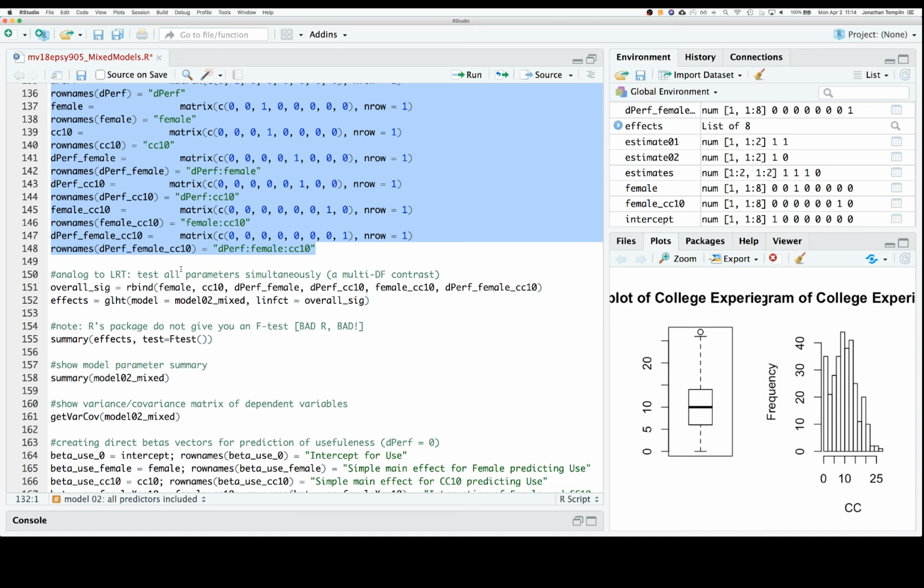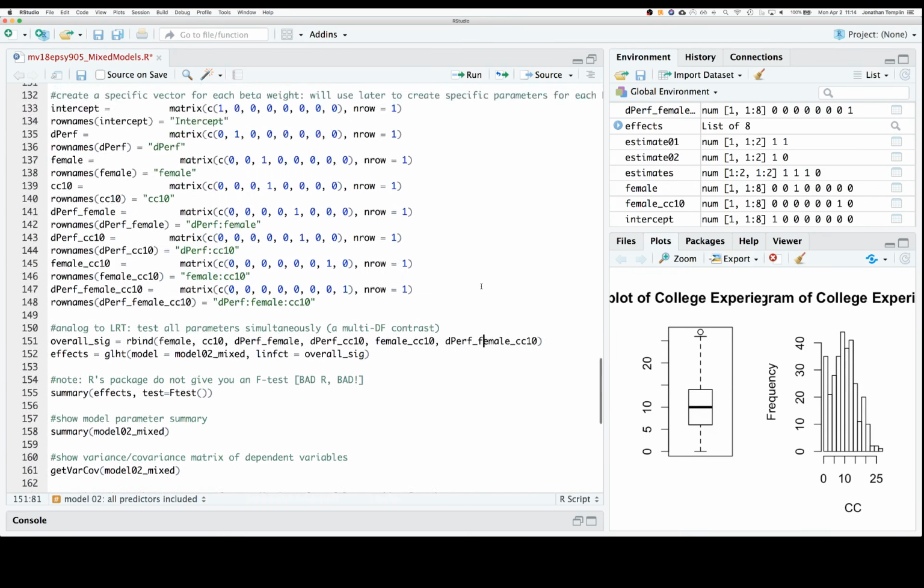The way we do that is we take the overall significance, which is what I'm testing. We put in it all the parameters that show up in model 2 that are not in model 1. And that's this set right here. There are 6 parameters: main effect of female, main effect of CC10, interaction of performance by female, interaction of performance by CC10, interaction of female by CC10, and the 3-way interaction of performance, female, and CC10.